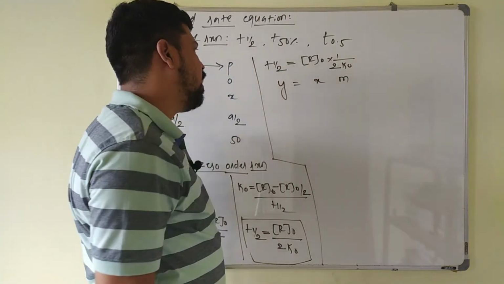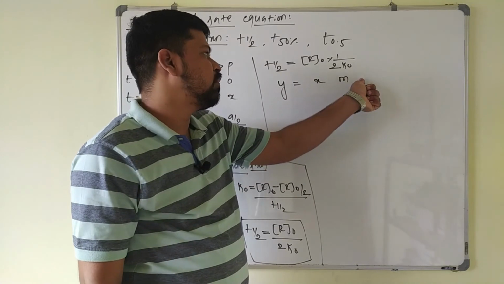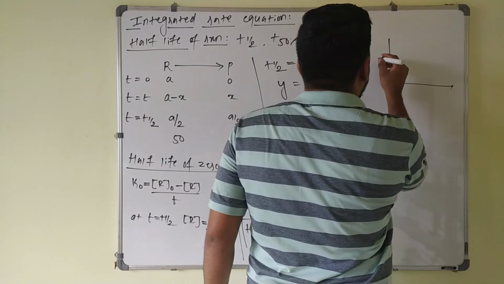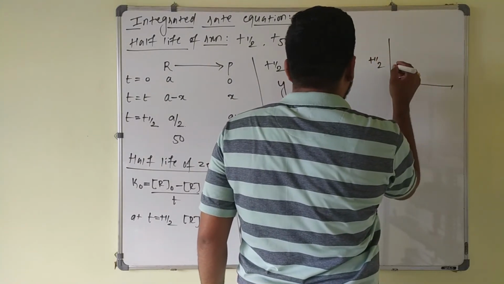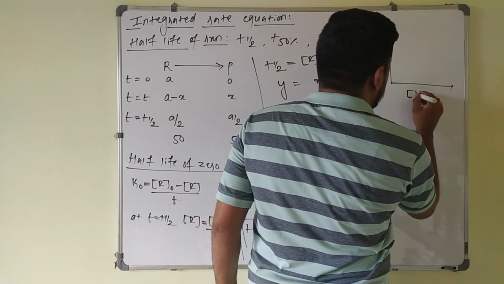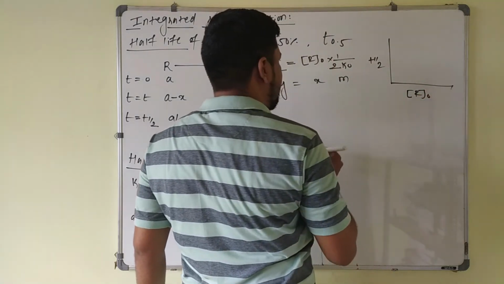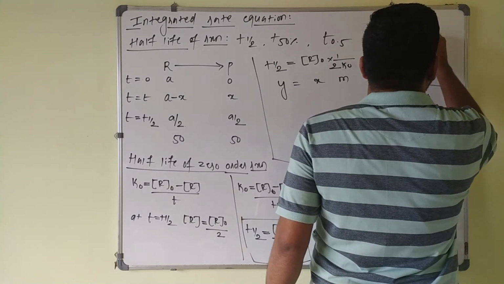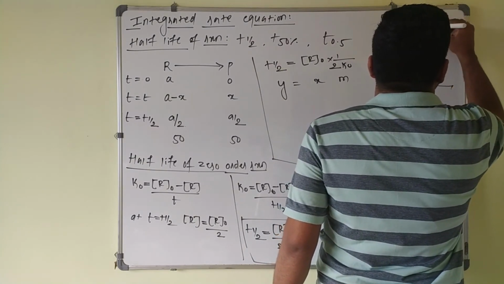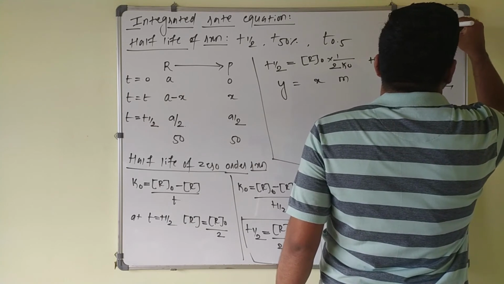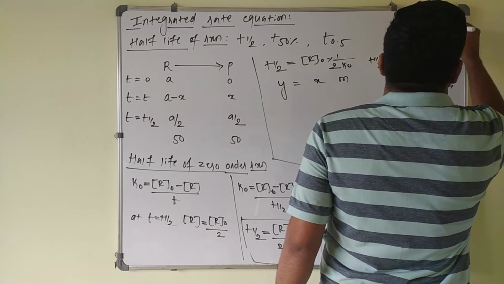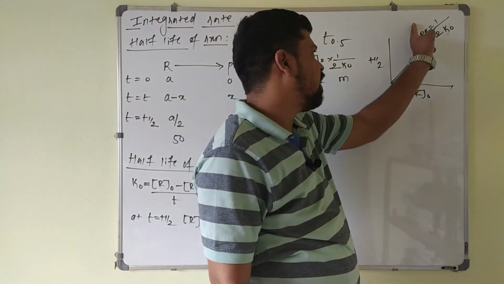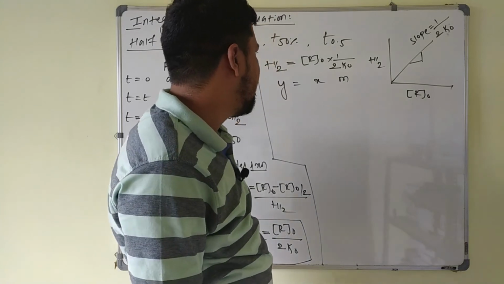Along the y-axis is the t half, and along the x-axis the initial concentration R naught. Then you will get a positive slope like this, and the slope is equal to 1 by 2 times k naught. So if you know the slope of this graph, then you can calculate the rate constant for the zero order reaction also.